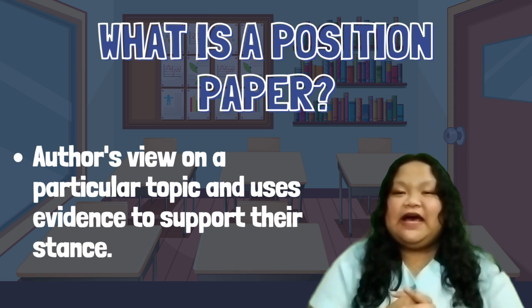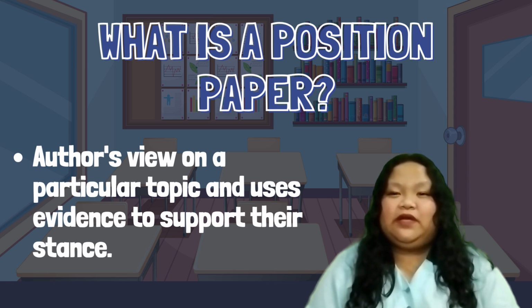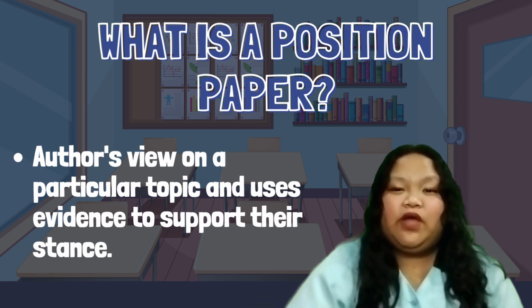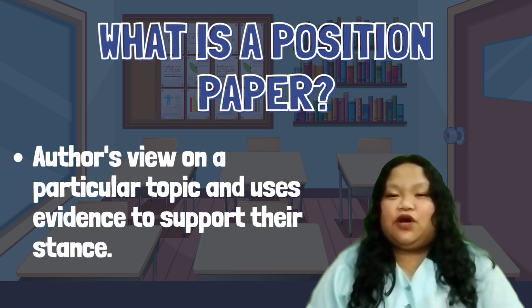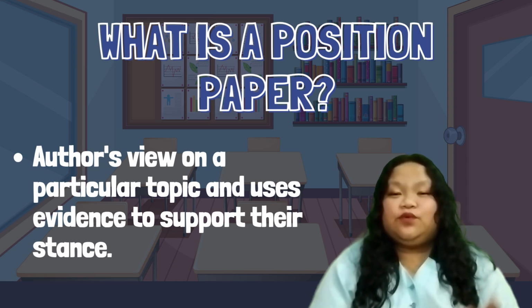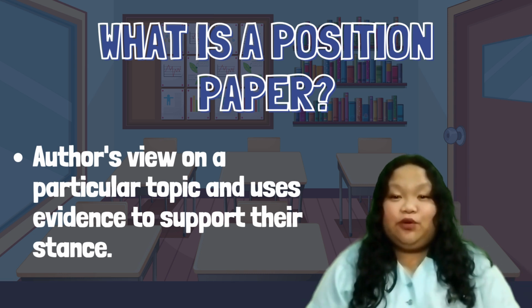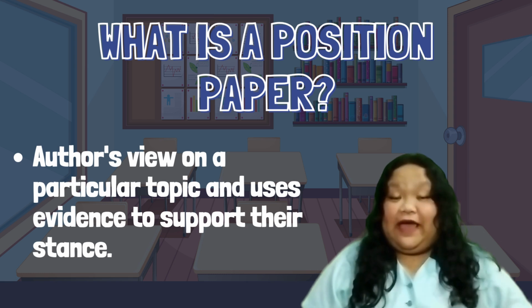Of course, as I have said earlier, a position paper is not just personal opinion. It relies on research and factual data to strengthen the argument that the writer provided.